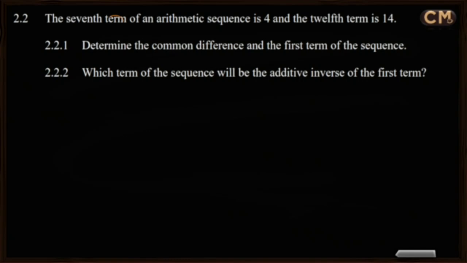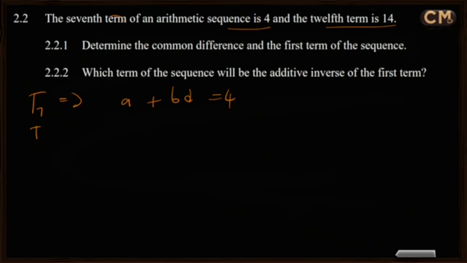What's next? The 7th term of an arithmetic sequence is 4, and the 12th term is equal to 14. So let's state that using algebra. The 7th term is 4. That's the first term plus 6 common differences, equal to 4. This is very important theory that we sometimes ignore.